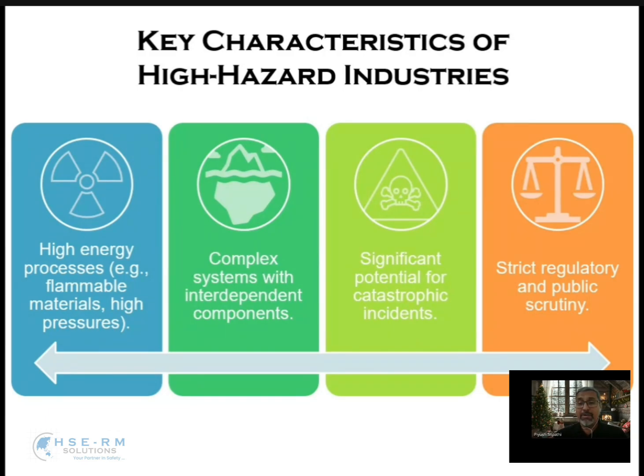When we say interdependent complex system, it means if this is not closed, it will blast. If this will not close or this will not open, it will have a runaway. If this is not okay, then this will happen. So these are all complex systems which have interdependency of the operational functions.